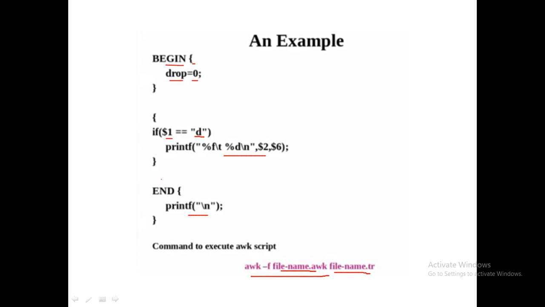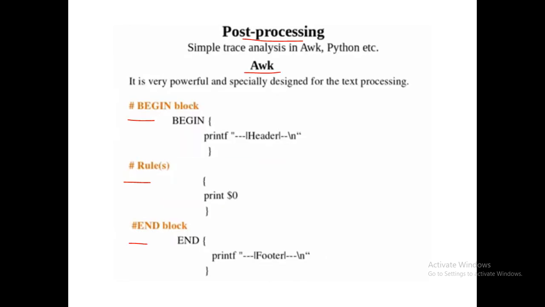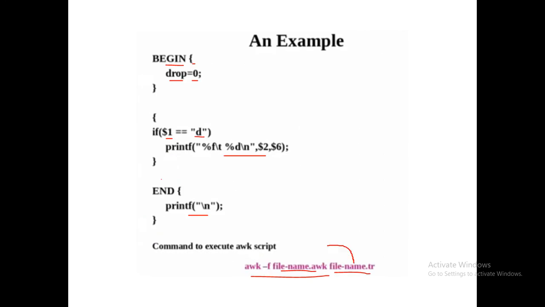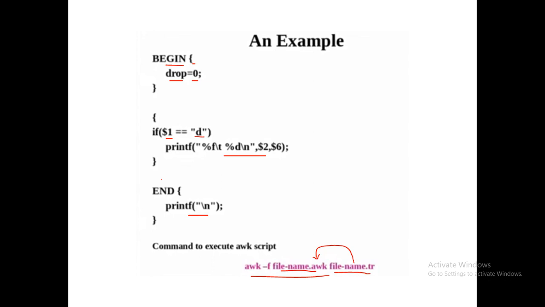Your trace file. You give this big trace file as input to your awk file. The awk file will take the details from the trace file and give the output you have written in the last or END part of your awk file. This is how you are going to use it.